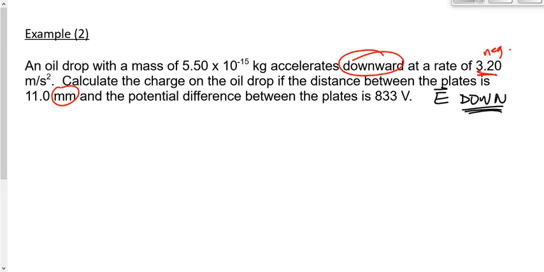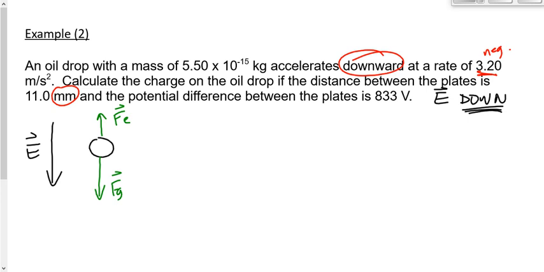Let's draw a picture for this one. We have an oil drop right here. There's an electric field, we're told, pointing downward. We know that we have a force of gravity acting downward, because it always acts downward. And in this case, we know that we have an electric force acting upward, but smaller than gravity. How do we know that?